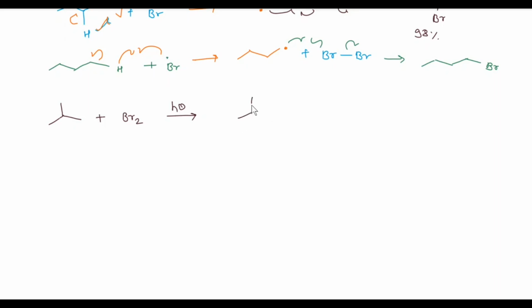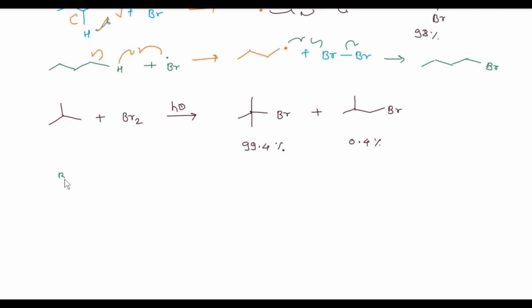We get 2-bromoisobutane in 99.4% yield, and we get bromoisobutane in 0.4% yield. So let us see the mechanism of this reaction, in which the first step is the initiation step.